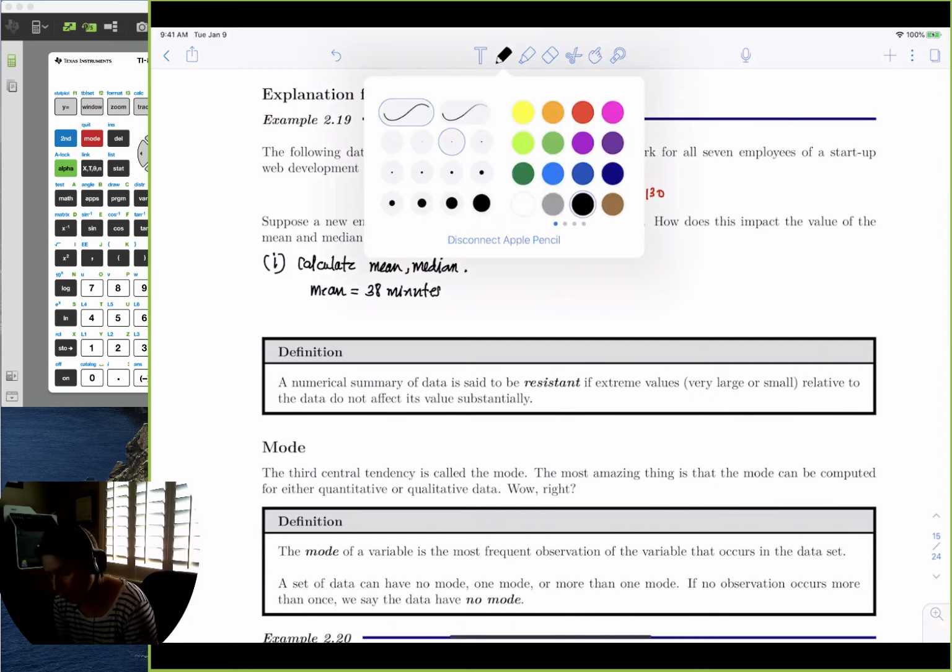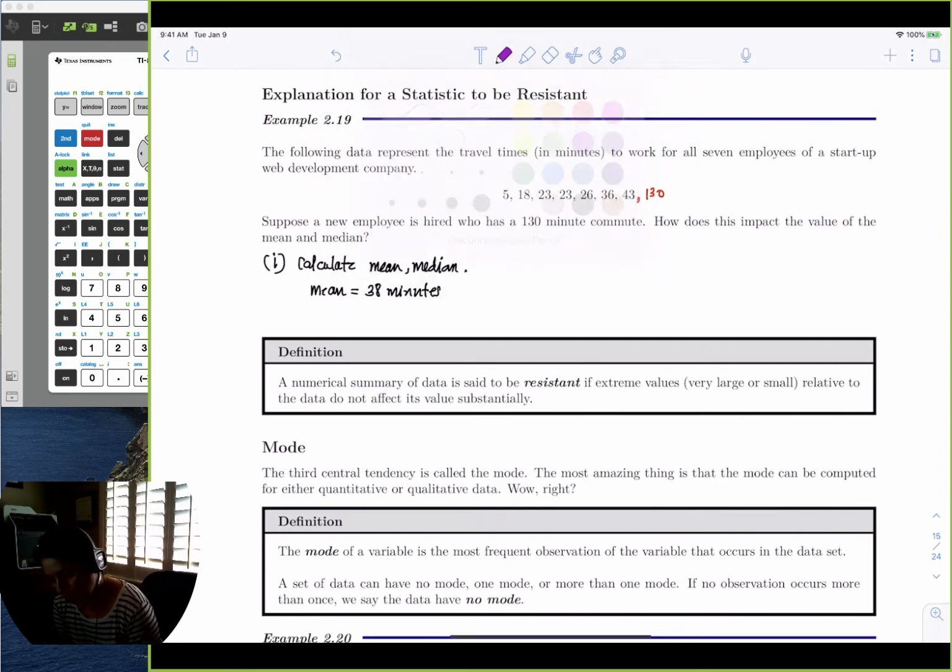And before, I'll do that in purple, the mean, I'll put this in parentheses, was 24.86.